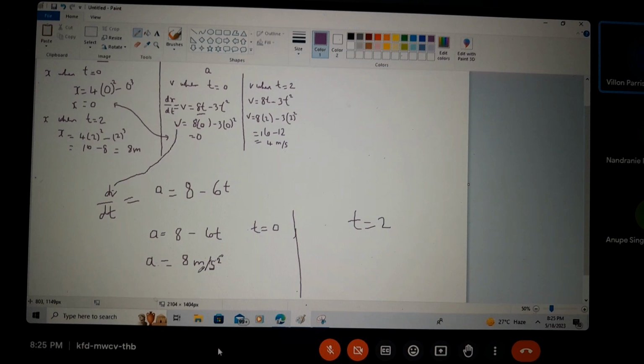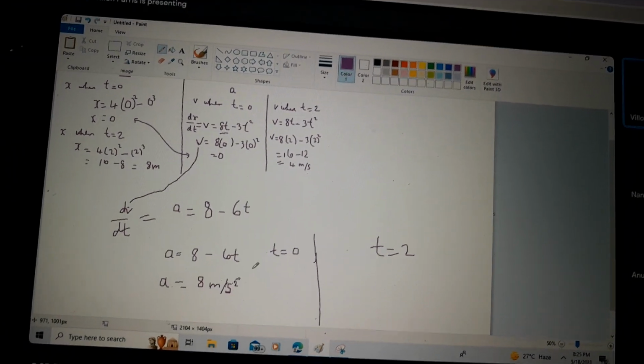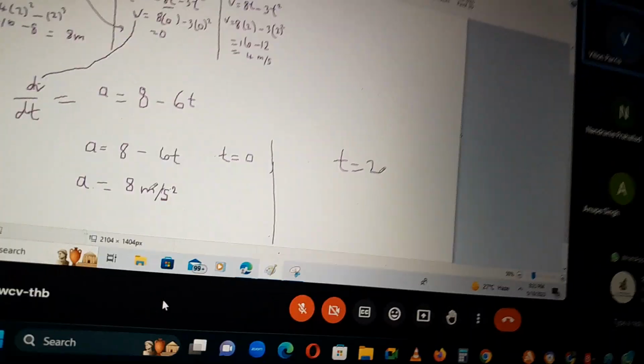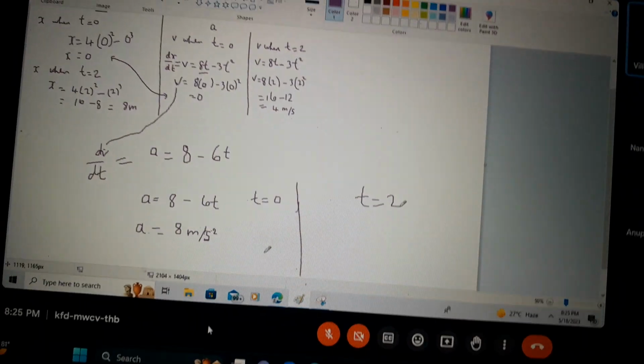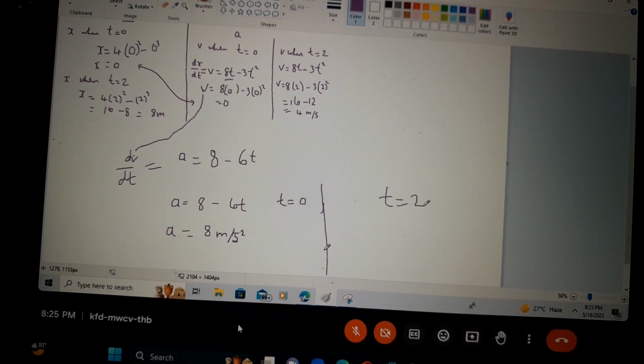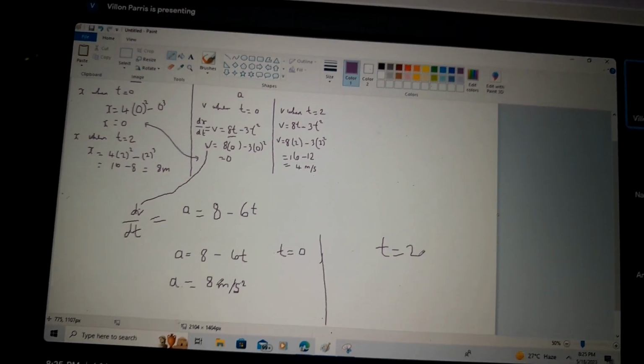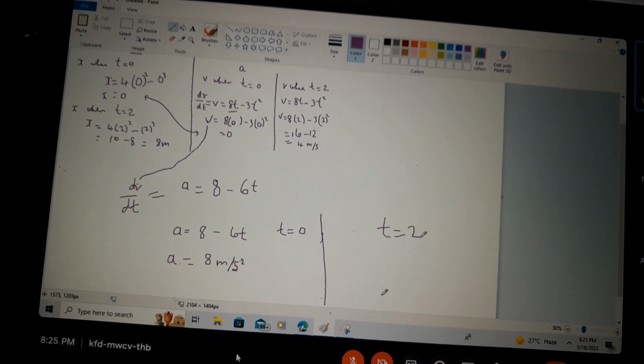When you do the final math course, that's called mechanics, you will see why we use meters per second squared and all of that. I could show you it now, but that's not the most important thing at the moment. So the acceleration at time equals 0 is 8 meters per second squared.